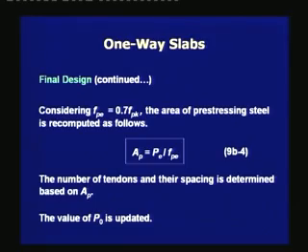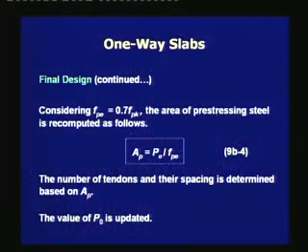Now, once we have calculated PE, next we are recomputing the amount of prestressing steel. Considering again that the effective prestress FPE is equal to 70% of the characteristic strength FPK, the area of prestressing steel is recomputed as follows. AP is equal to PE divided by FPE.